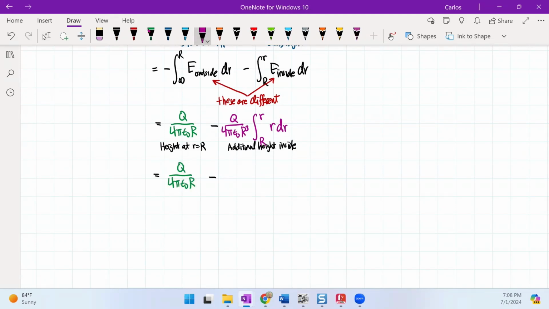The details show that this will be q over 4 pi epsilon r cubed, and then the definite integral gives one half little r squared minus one half big R squared. So now you are seeing that this is the outside height, and this is the inside height.